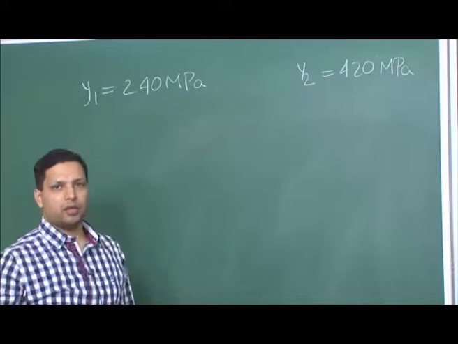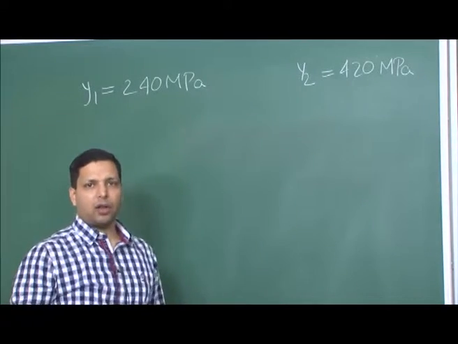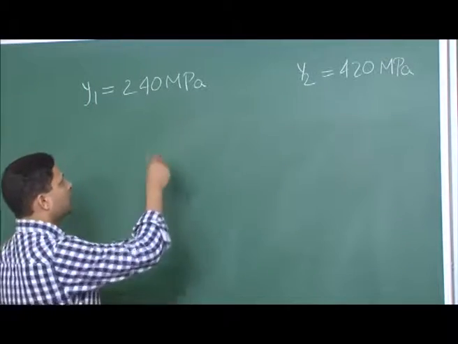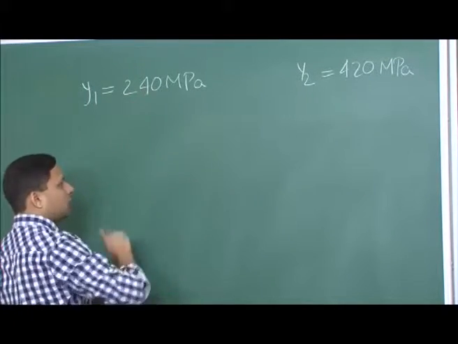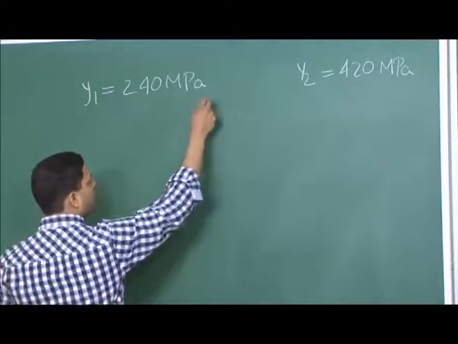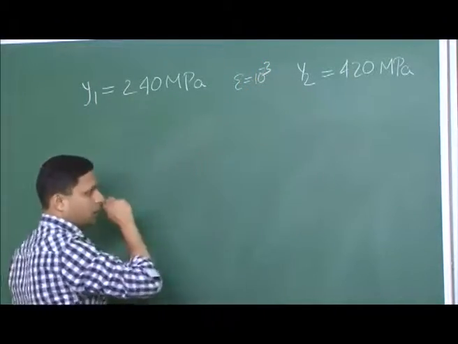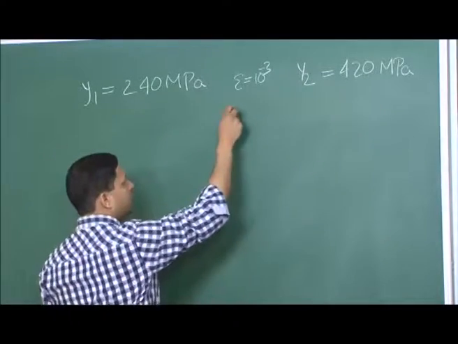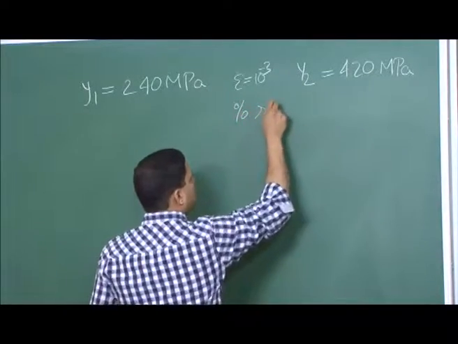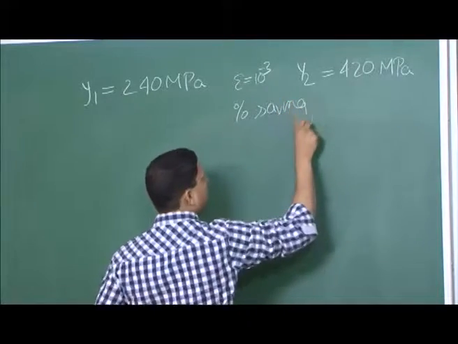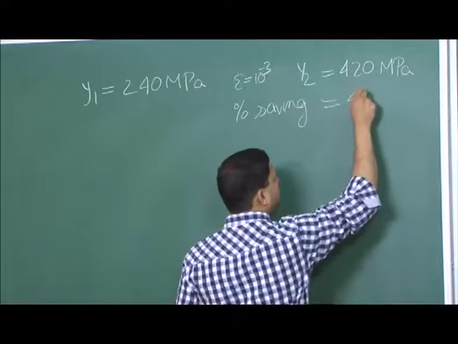At this particular juncture we did not consider the effect of strain rate. In effect, whatever way this yield strength was measured, which was at a strain rate of 10 to the power minus 3, that is what we considered, and we found that the weight percent saving was 42.9%.